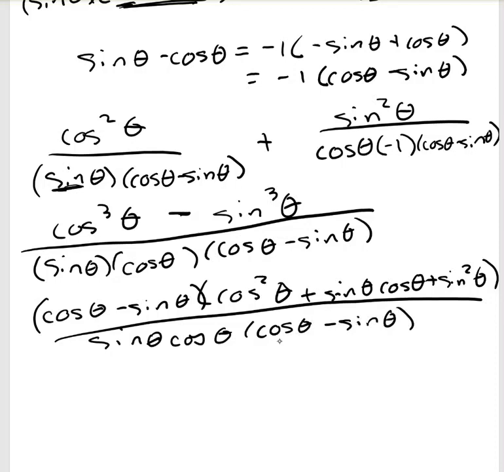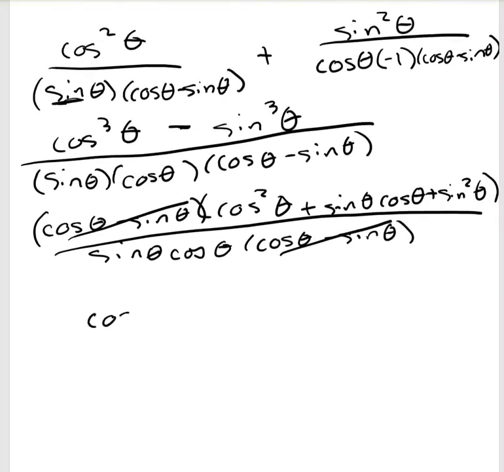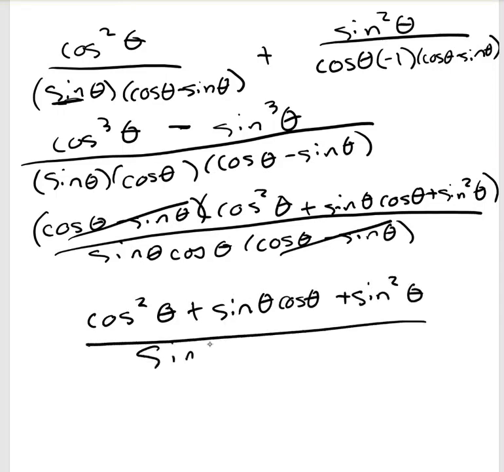Now the cosine minus sine cancels the cosine minus sine. I have cosine squared theta plus sine theta cosine theta plus sine squared theta over sine theta cosine theta.